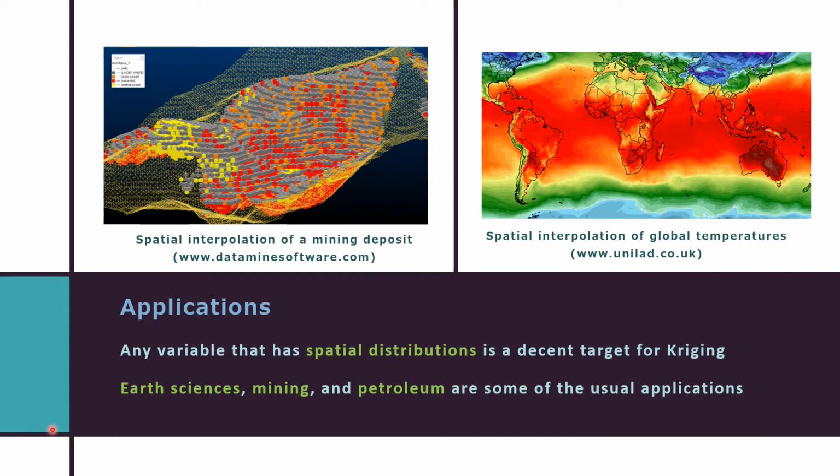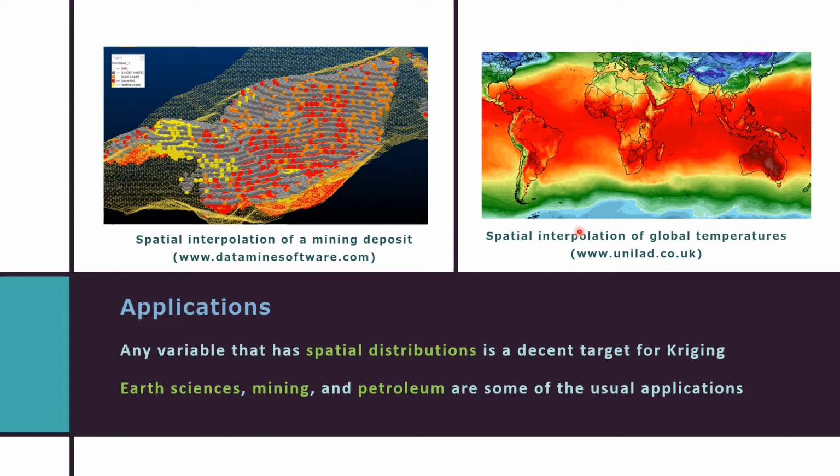And since then, many new applications have been found for spatial interpolation. Of course, one would be mining. In this case, this is a mineral deposit. We're trying to interpolate values of a mineral grade at that setting. But there are also other applications. For instance, this is a global map of temperatures around the world. And this is also a result of spatial interpolation.